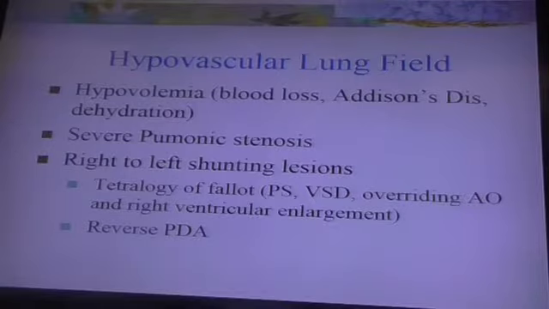We don't see it a lot when we take the radiographs because the pet has been given fluids and been monitored, etc. And of course, there's severe pulmonary stenosis and right-to-left shunting lesions such as tetralogy, etc. We're going to talk about tetralogy in a minute, and a reverse PDA. Talk about that.